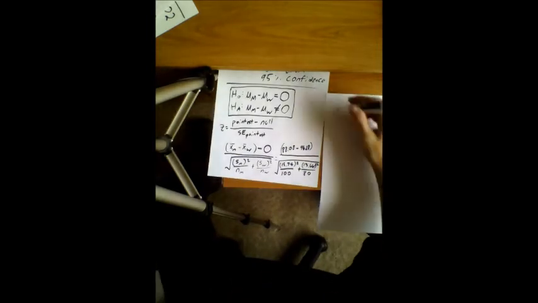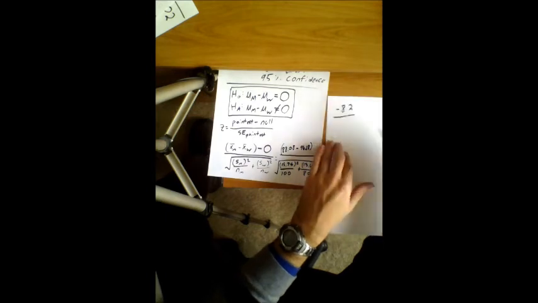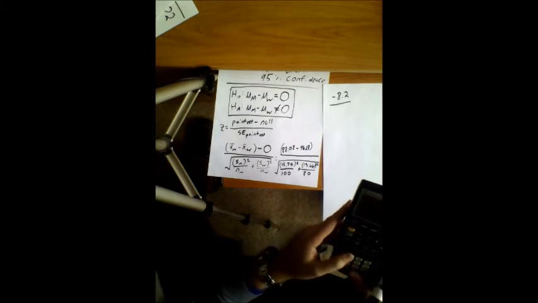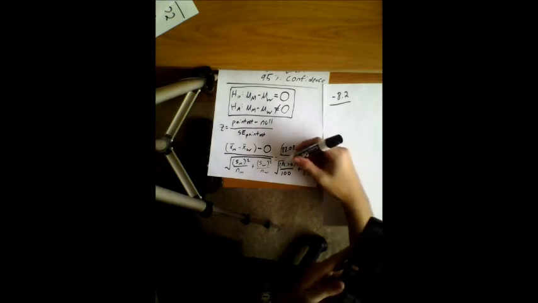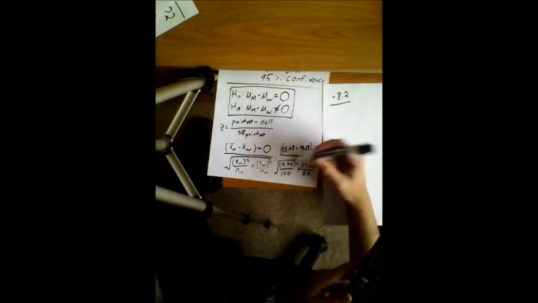So the top is easy: 88.08 minus 96.28 gives you negative 8.2. On the bottom, make sure you follow your order of operations inside here. We want to make sure this is really 247.7476 divided by 100.